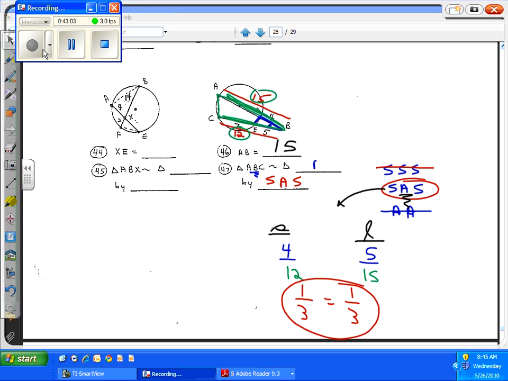We want to name the similarity. The most obvious is that B is equal to itself, B. That's that common angle B. Well, then how do we get the other? Well, we've got to think about what was opposite the smalls and what was opposite the larges. The smalls were 4 and 12.